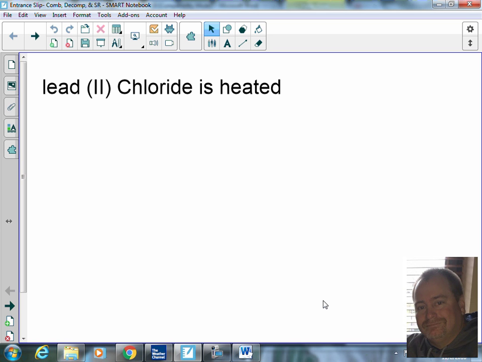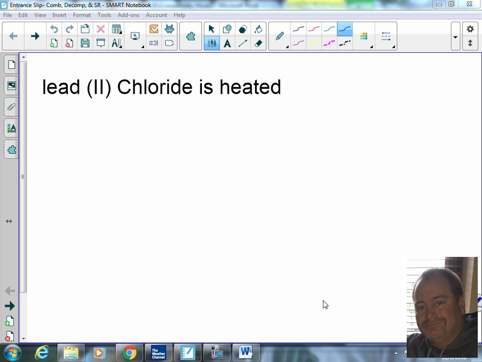Now, what we need to do is we're going to go through and work these three. These are one of each type of equation that we've already done. One of these is a single replacement, one's a decomposition, and one is a combination. So the first thing that we need to do, and if you cannot name or write this formula, I told you way back when, if you don't know your formulas and your nomenclature, you're going to struggle throughout the rest of the year.